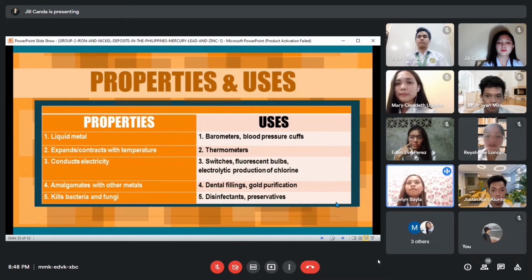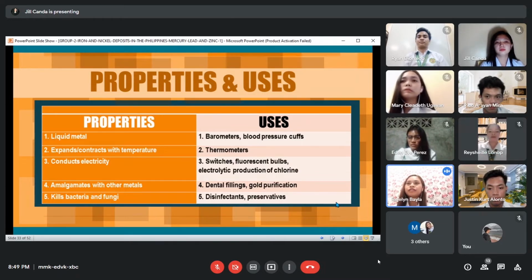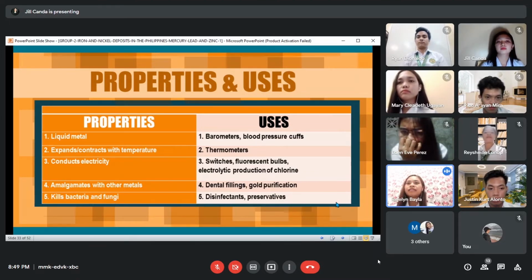So let's proceed to the properties and uses of mercury. The first property is liquid metal. Liquid metal is a metal alloy which is liquid at or near room temperature. The only stable liquid elemental metal at room temperature is mercury, which is molten above negative 38.8 degrees Celsius.